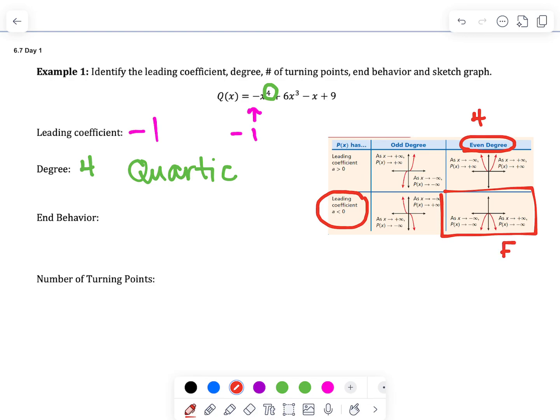So it's going to fall on the right and it's going to fall on the left. So both sides will be down. And the reason why is our A is less than 0, so our leading coefficient is less than 0, and our degree is even. So that means both sides will go down.